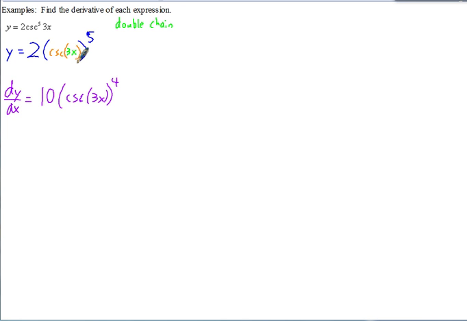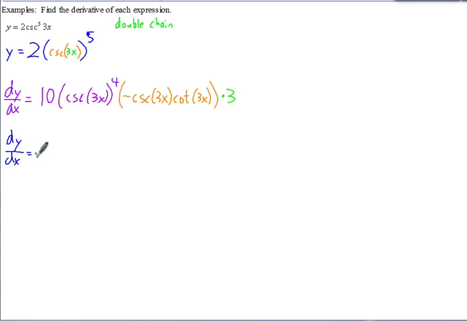Normally the derivative of cosecant x is negative cosecant x cotangent x, but here it's cosecant 3x. So when we multiply the derivative is negative cosecant 3x times cotangent 3x. And then we have to multiply, so there's two functions inside, by the derivative of 3x, which is 3.